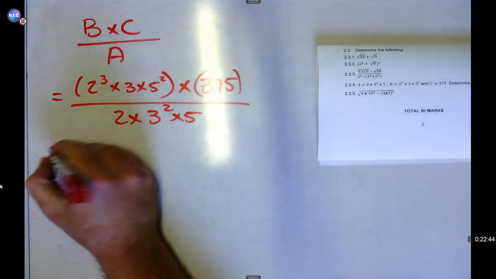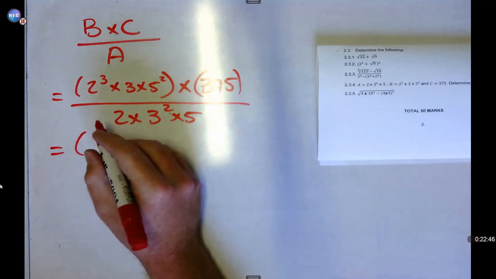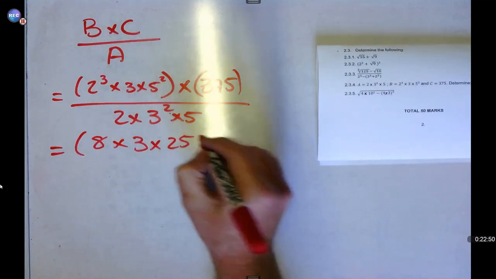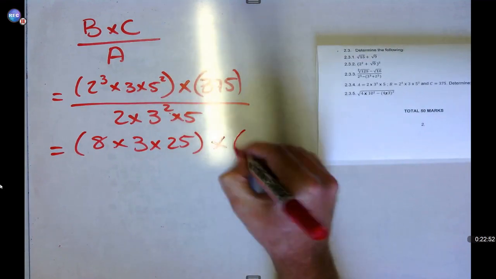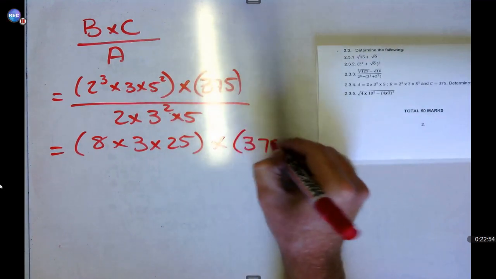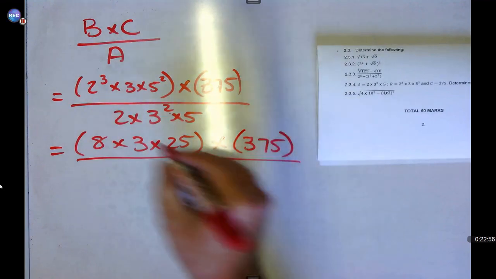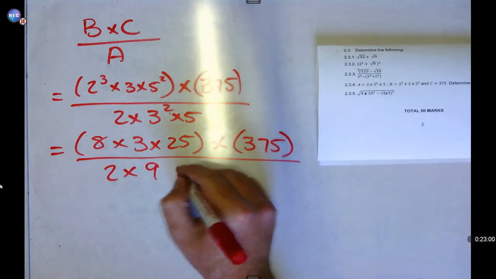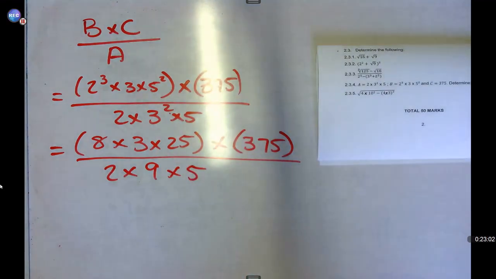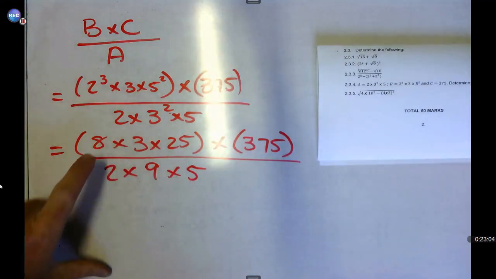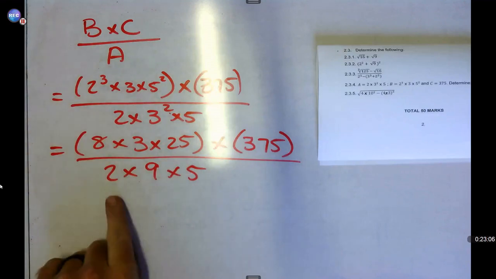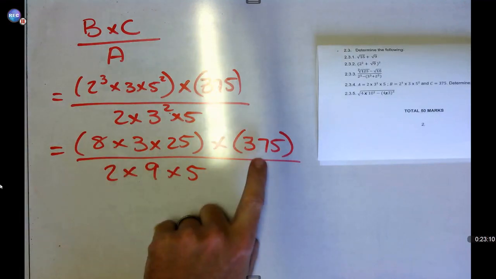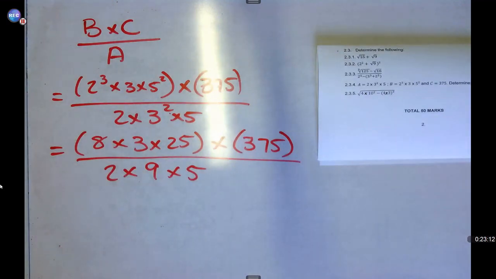Okay, so in the first bracket, 2 cubed is equal to 8 times 3 times 25 times the 375 that we've got here. Then, the bottom we've got 2 times 9, because 3 squared is 9, times 5. Now, once you've got all of these sorted, I would suggest that you solve the bracket first, solve the denominator, and after you've solved this bracket at the top, you multiply it with the 375, and then we will simplify.